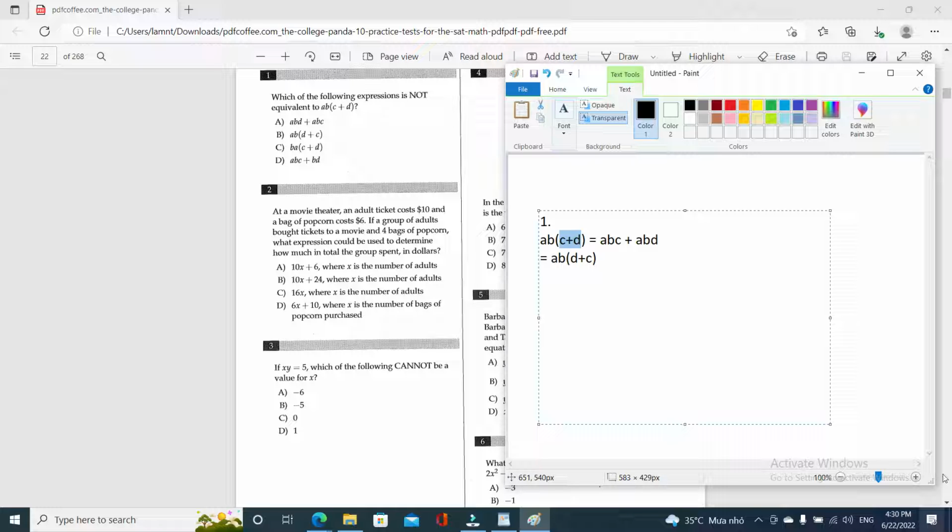And C is just the commutative law for multiplication outside of the bracket. So the only answer left is D, because in D we are missing the factor A in the second term.